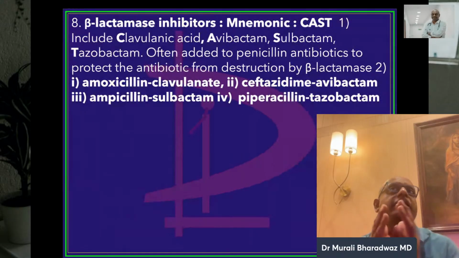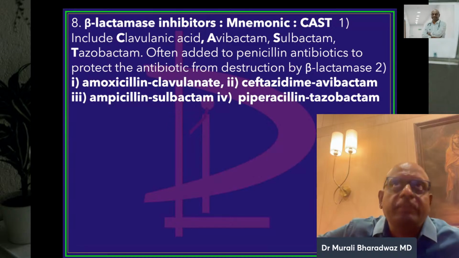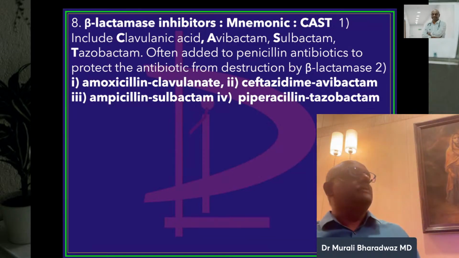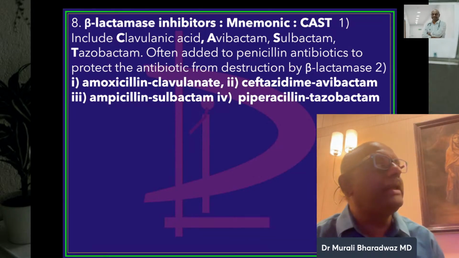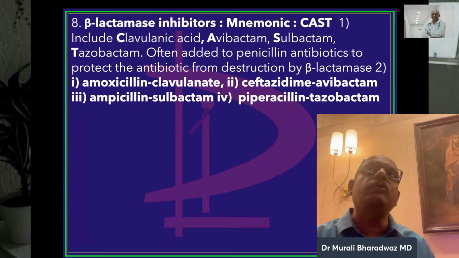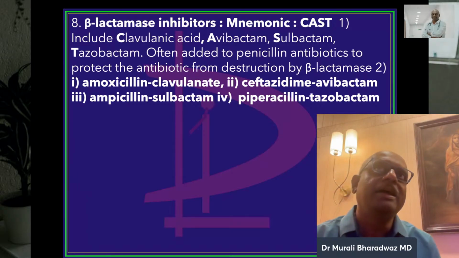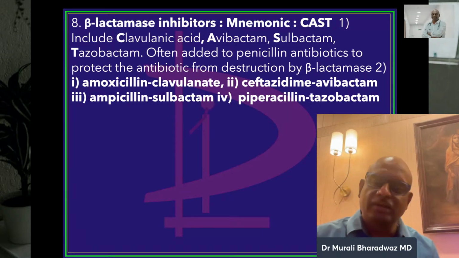Then what are the beta-lactamase inhibitors? Remember CAS: clavulanic acid, avibactam, sulbactam, tazobactam. Often we combine them with the penicillins, like amoxicillin-clavulanate, ceftazidime-avibactam, ampicillin-sulbactam, piperacillin-tazobactam, 4.5 grams of piperacillin TID, life-saving for the patients in the intensive care unit, right?